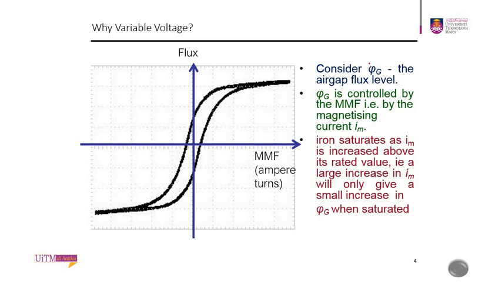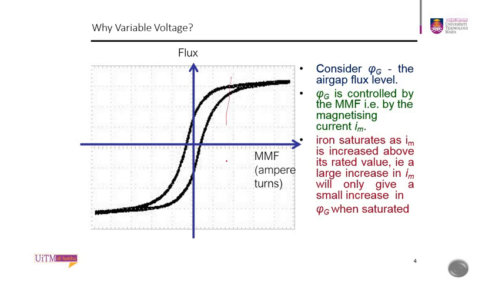Flux is controlled by the MMF, through the magnetizing current IM. The iron saturates as IM is increased above its rated value, so a large increase in current will only give a small increase in flux.